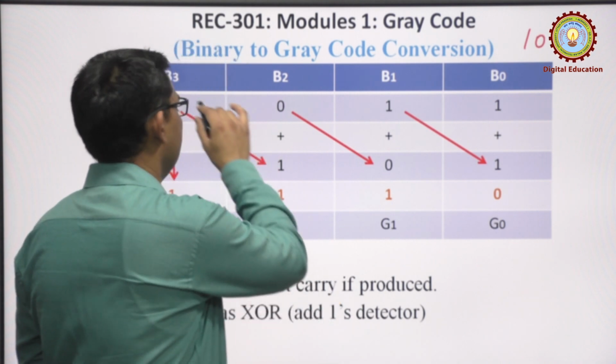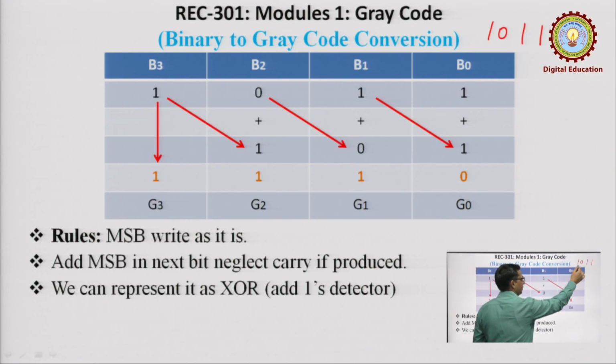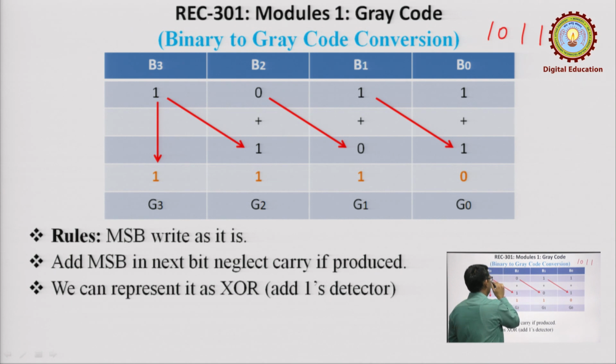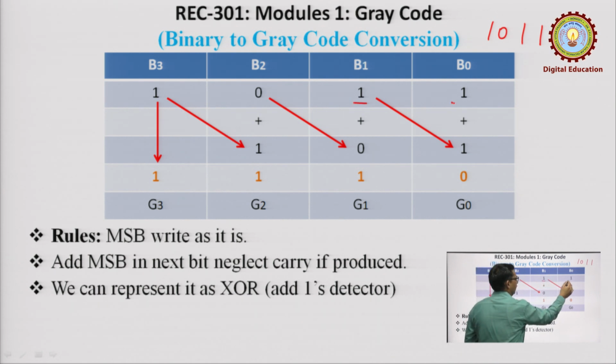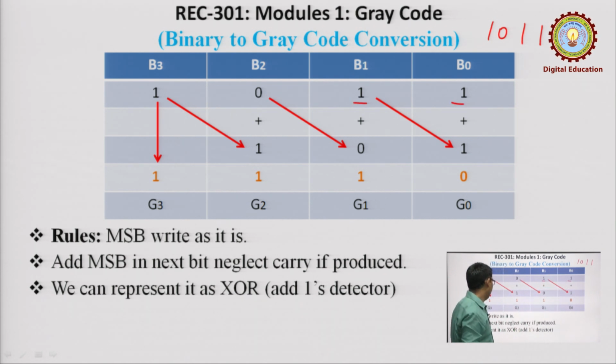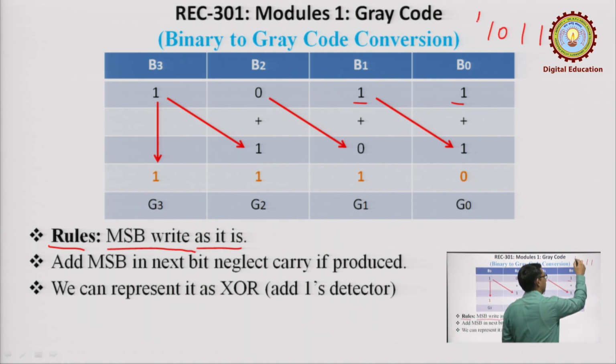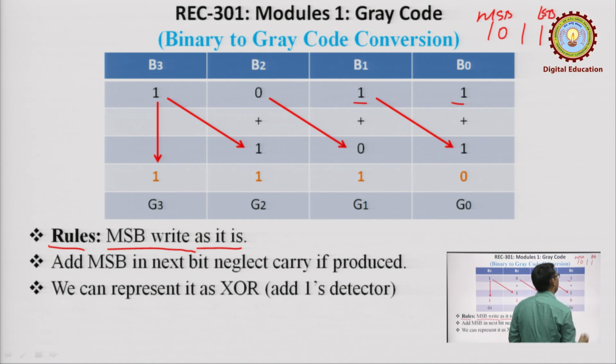First of all, we will write down this number 1 0 1 0 1 1. Okay. So, rule number 1 for the MSB: write it as it is, which means we will not make any change in the MSB, the most significant bit, and this is the LSB. Okay.